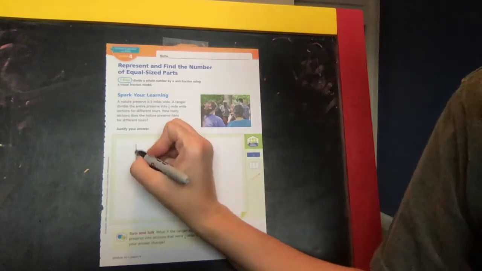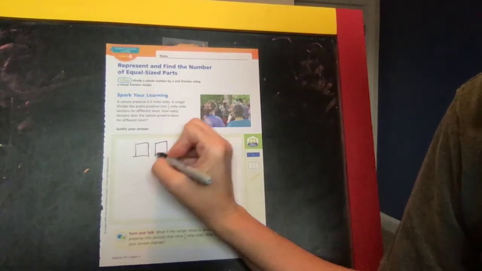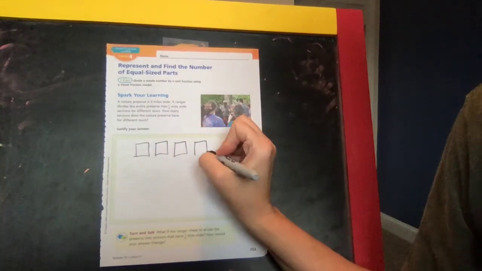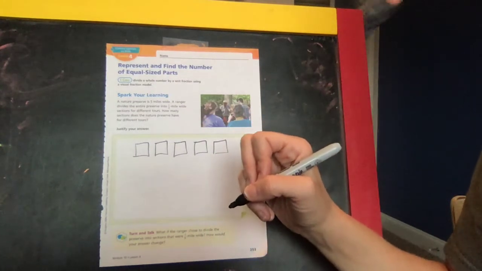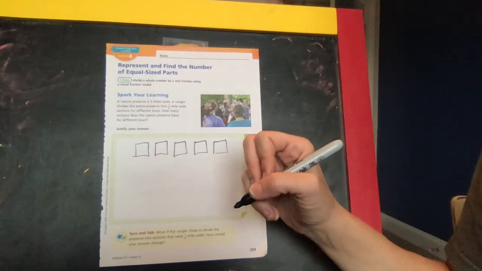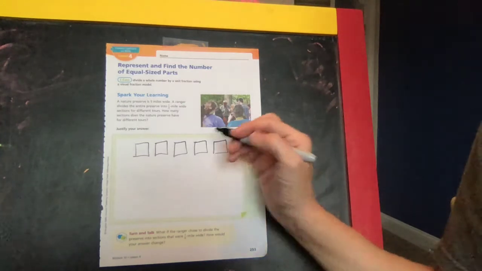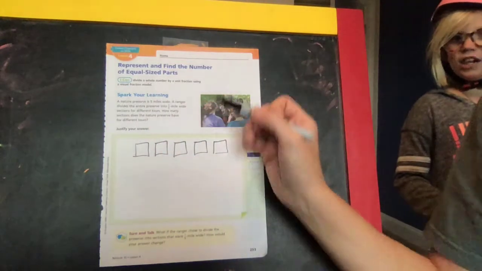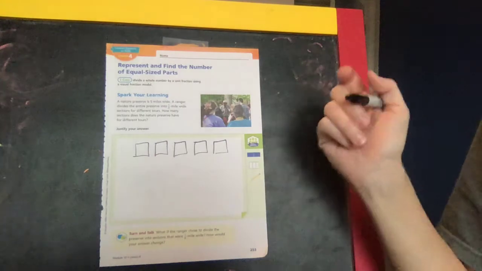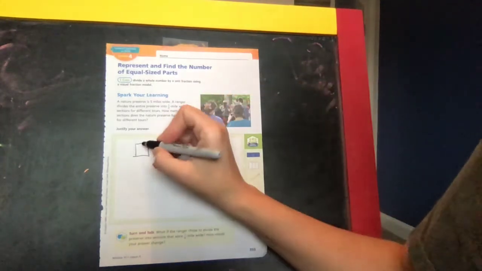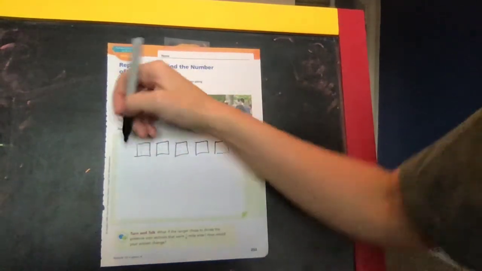So still, I've got my 5 that's being divided. I have my 5 things. So we've got 5 miles, and we are dividing them into 1/3 sections. So here's 1 mile.